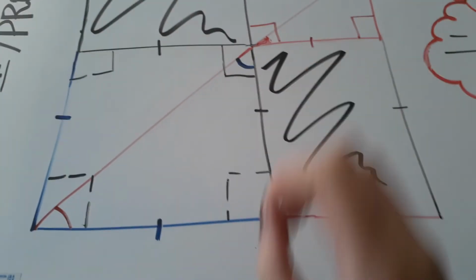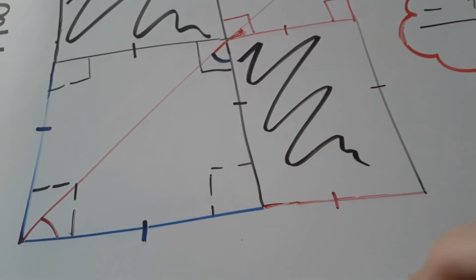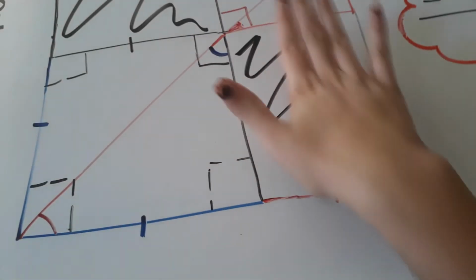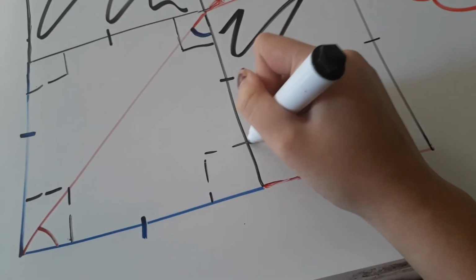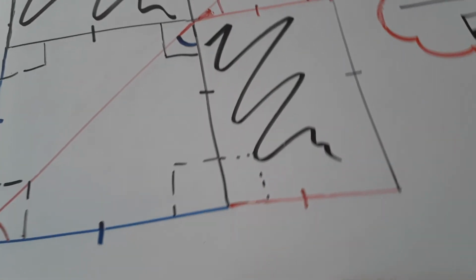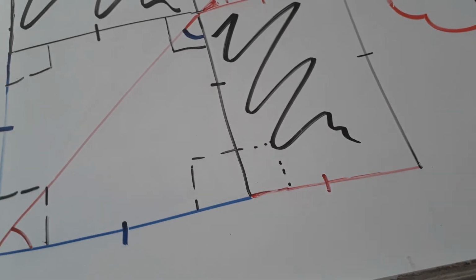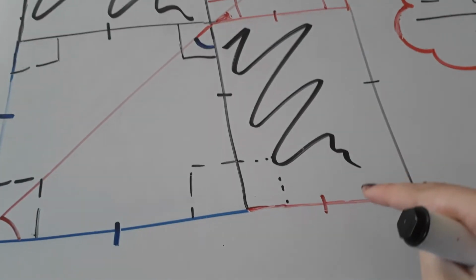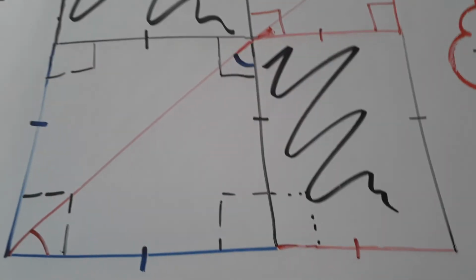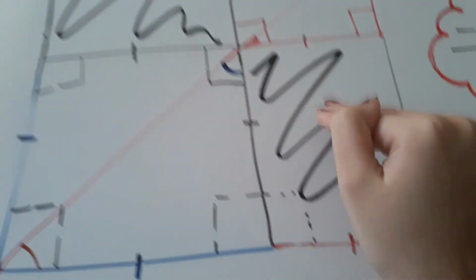I mean the two rectangles, because these are rectangles, not just a normal parallelogram, because they have right angles. We know here that the angles are right. So these two are rectangles.